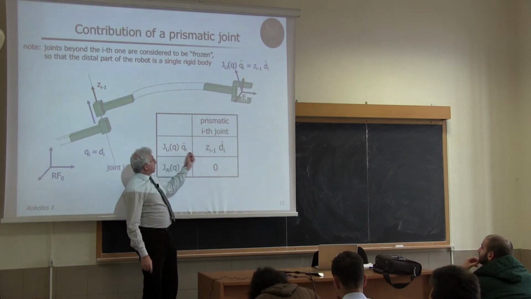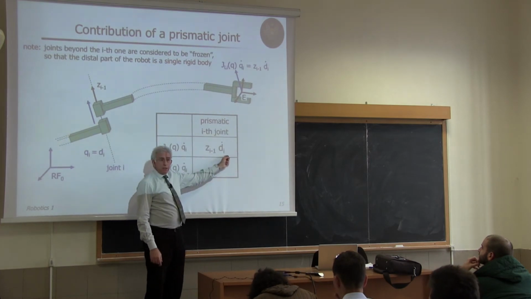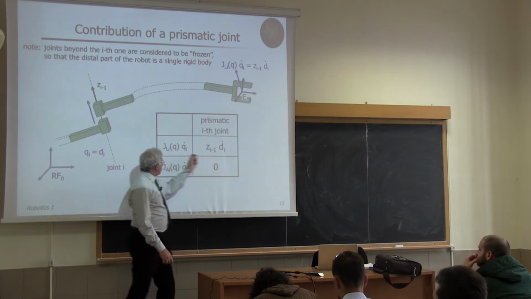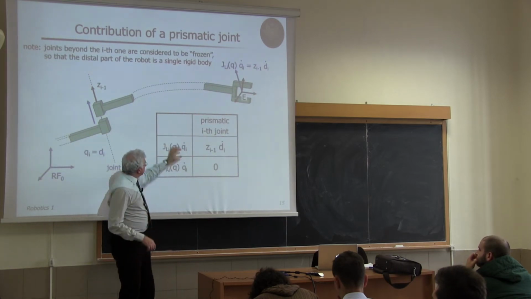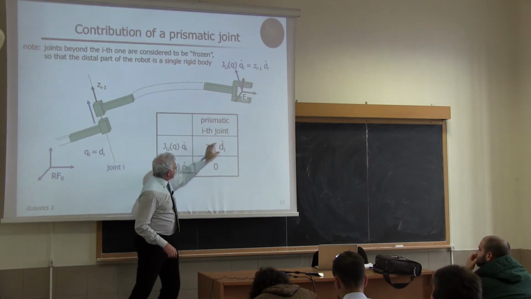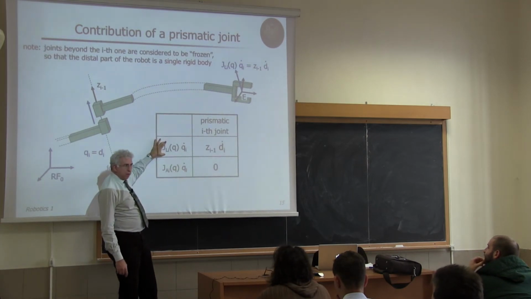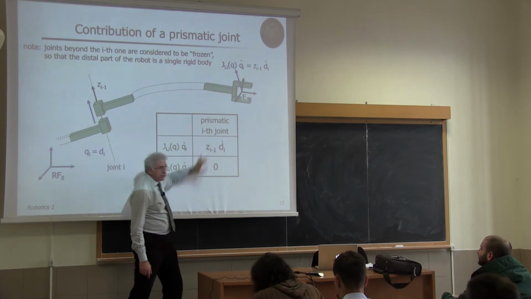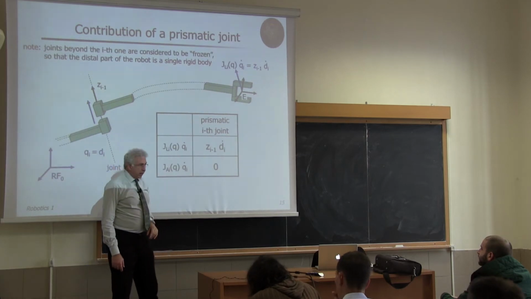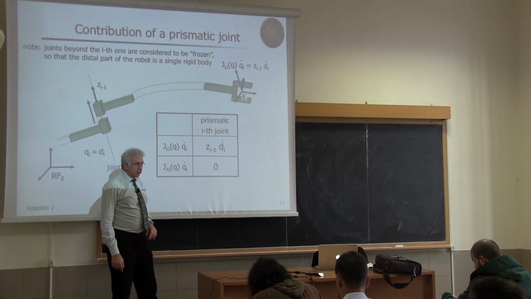So this expression for the prismatic joint is given by that. And now you can associate things. You say that q_i dot is d_i dot. This is the scalar. So this piece of the column of the Jacobian is nothing else than the unit vector z_{i-1} of joint i.